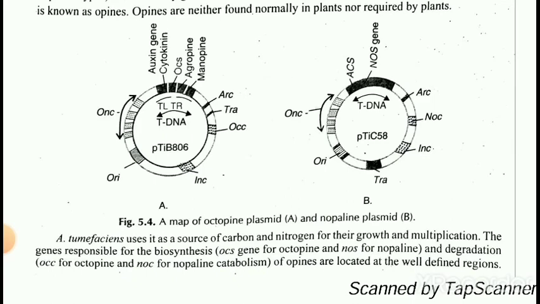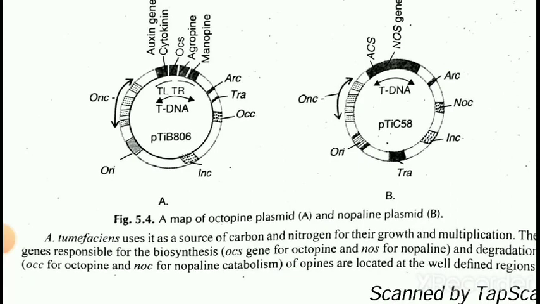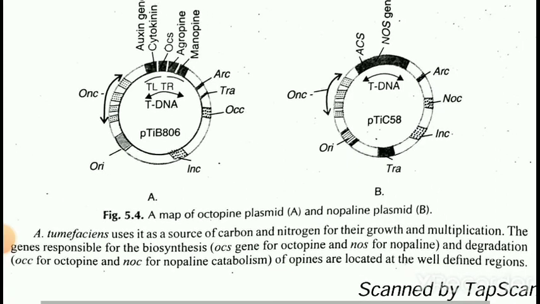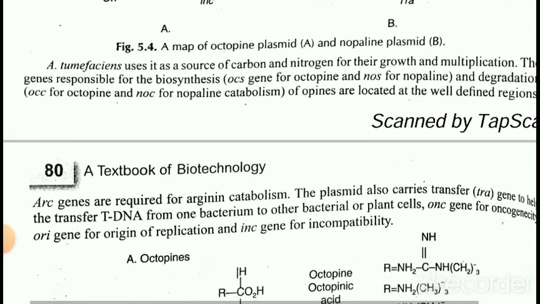A map of octopine plasmid, A, and nopaline plasmid, B. A. tumefaciens uses them as a source of carbon and nitrogen for growth and multiplication. The genes responsible for the biosynthesis, ocs gene for octopine and nos for nopaline, and degradation, occ for octopine and noc for nopaline catabolism, of opines are located at well-defined regions.